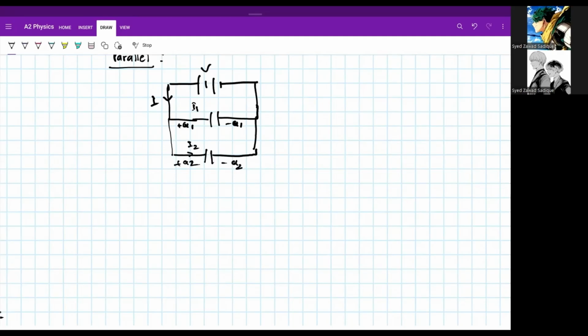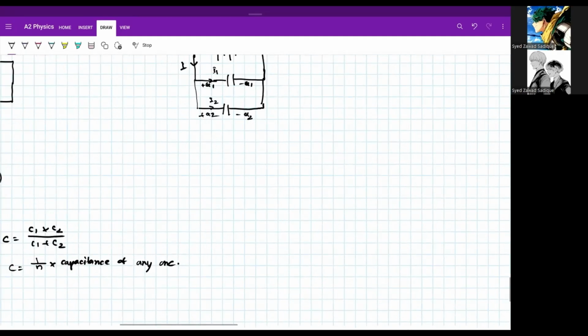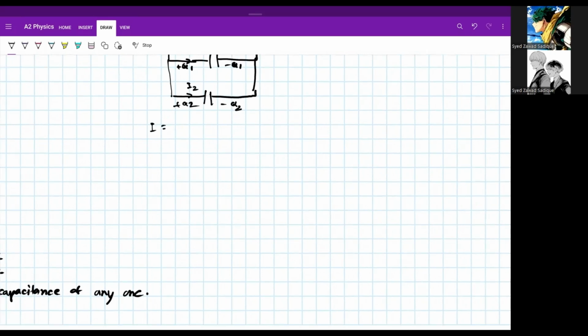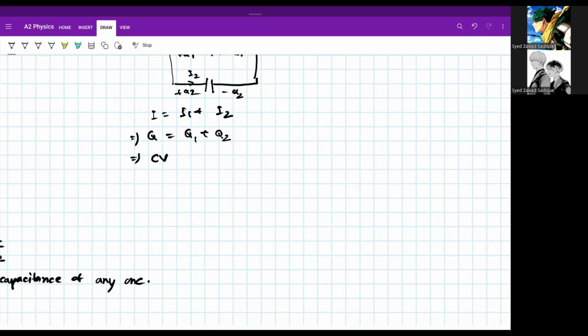This is I2, right? So in parallel, we know that the total current is the sum of currents. We know the current is proportional to charge, so we can say Q is equal to Q1 plus Q2. Now we know that Q is equal to CV, and the voltage is constant.